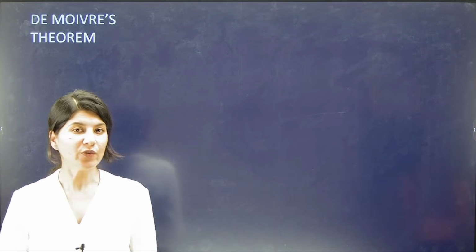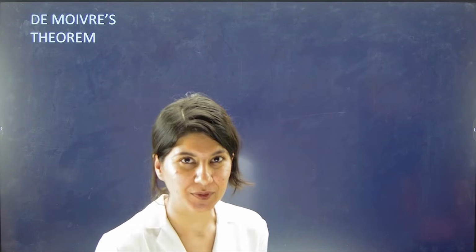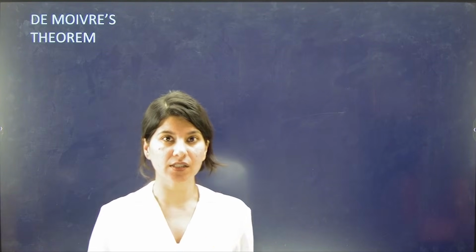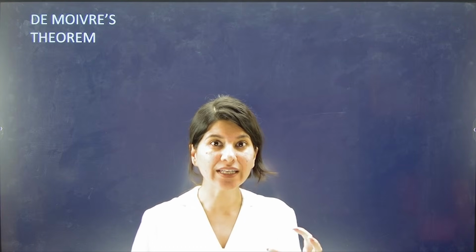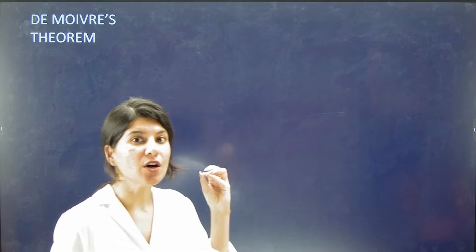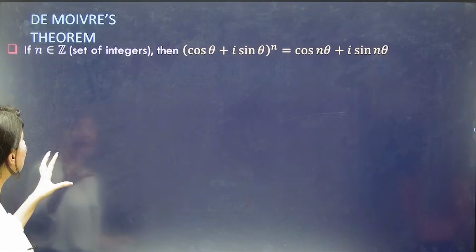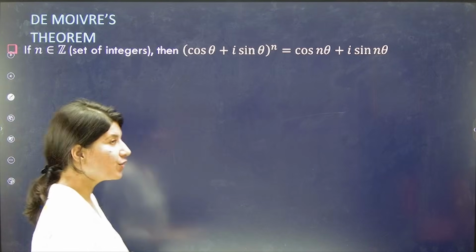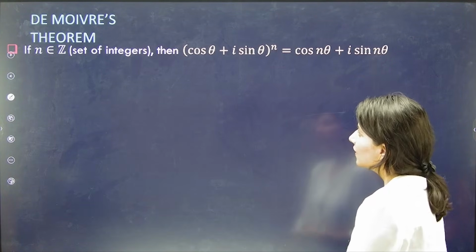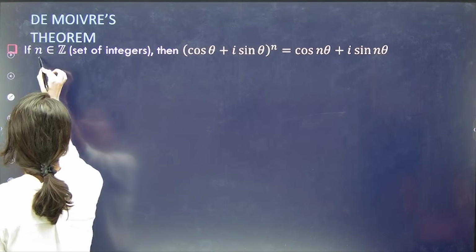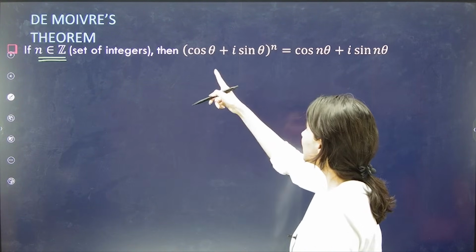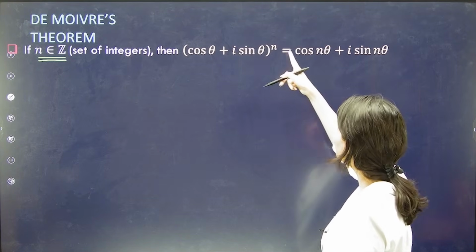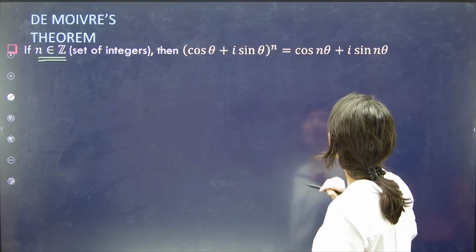All right. So now we will talk about de Moivre's theorem. What does de Moivre's theorem do? De Moivre's theorem enables us to calculate the solution of equations of some type that we are going to understand. So de Moivre's theorem says that if n is in Z, that is, an integer, then cos theta plus iota sine theta raised to power n can be written down as cos n theta plus iota sine n theta.